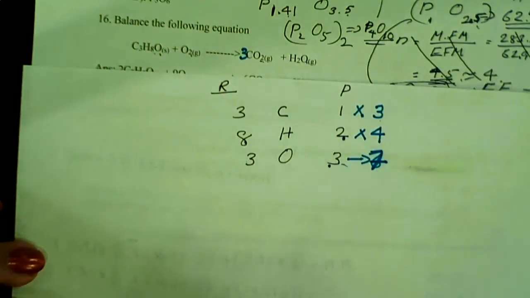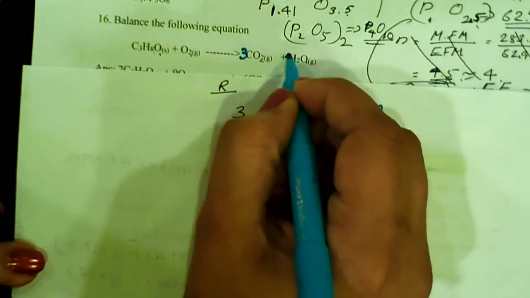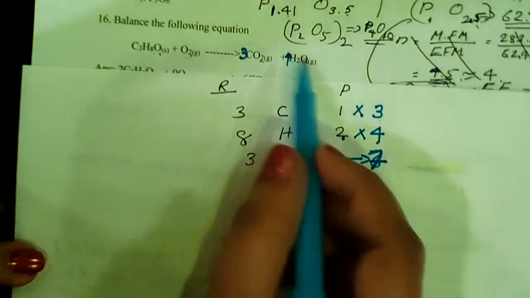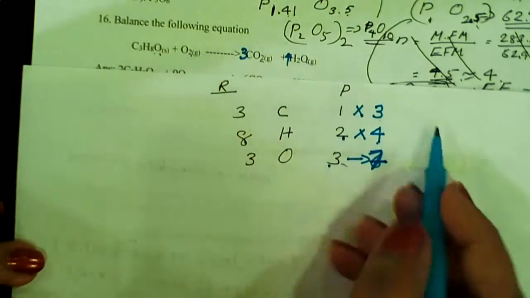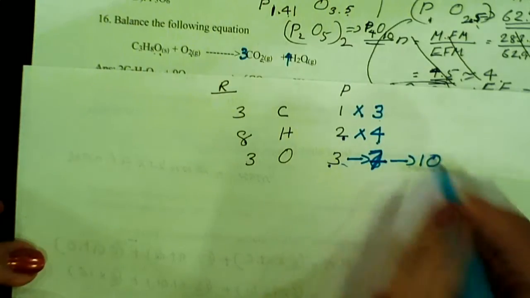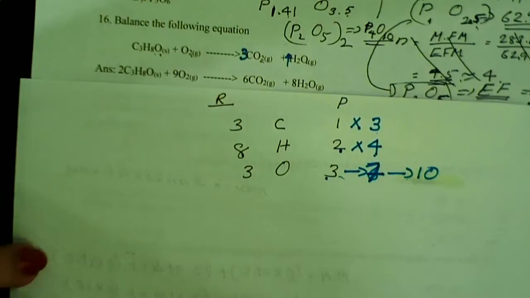And then you have to balance hydrogen. Because 3 times 2, 6 plus 1, 7. And you have 8 hydrogen in the reactant side and 2 in the product side.